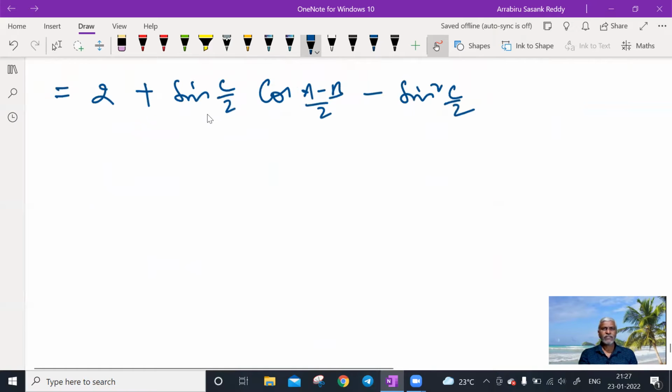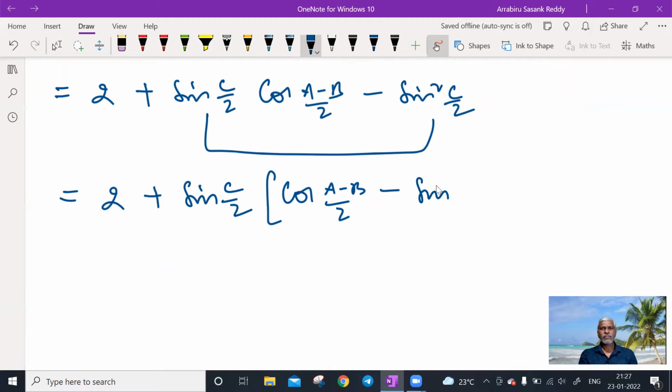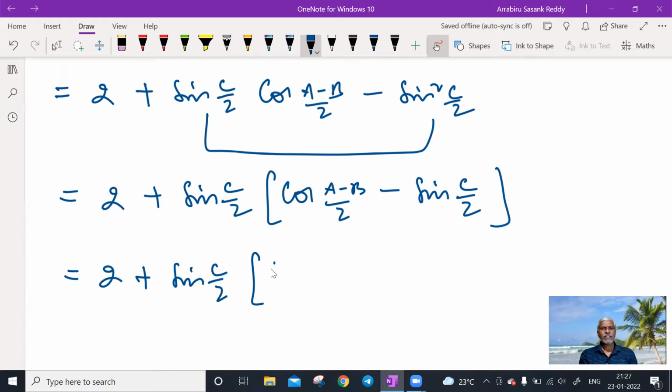Now taking sin c by 2 common, sin c by 2 remains, with the square there. So 2 plus sin c by 2, cos (a minus b) by 2 as it is.